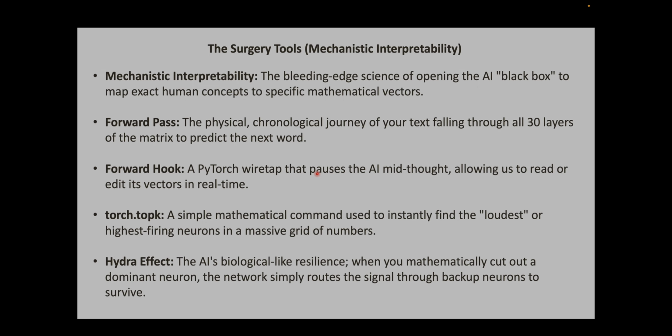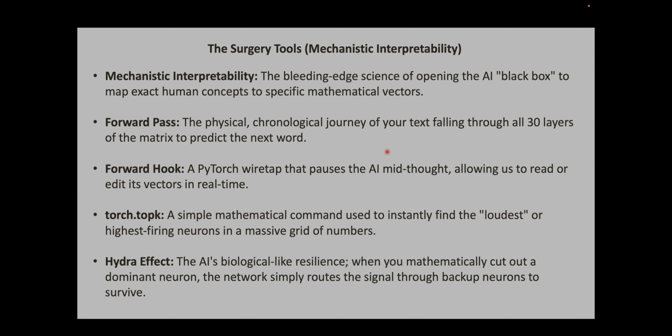Then the surgery tools. I'm calling this company AI to the brain. I'm calling this a surgery that we do on that computer brain, and mechanistic interpretability. So what is it? It's the bleeding edge science of opening the AI black box. You might have heard that nobody knows exactly how it works.